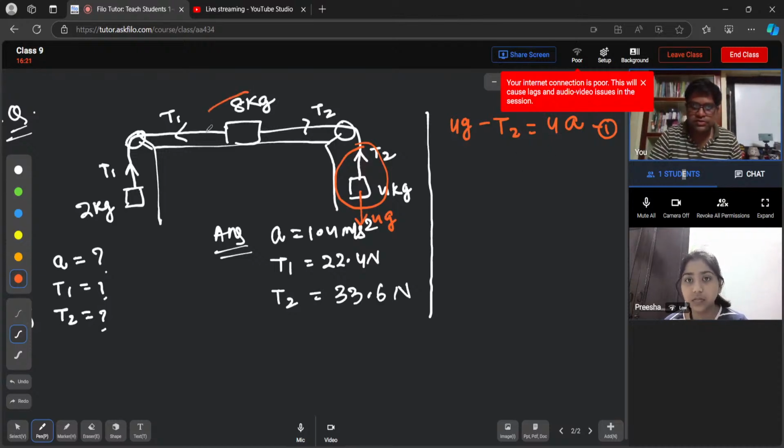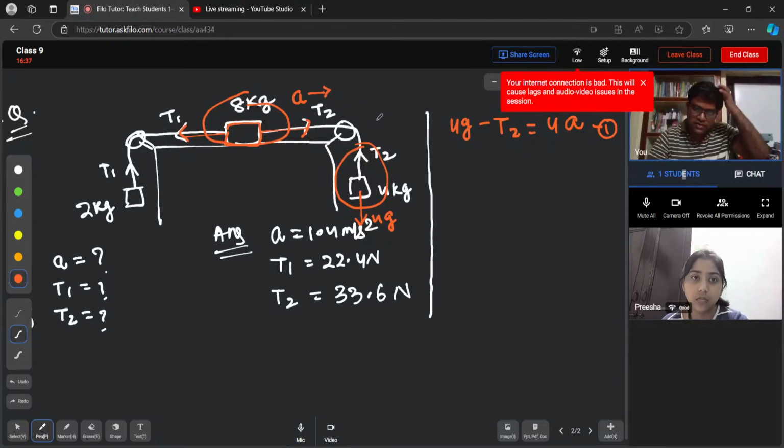Another equation for this mass I have told you, towards right T2, towards left T1. So net force on the 8 kg mass is... and acceleration is to the right, because we are considering that this object will go down, so acceleration is downward.